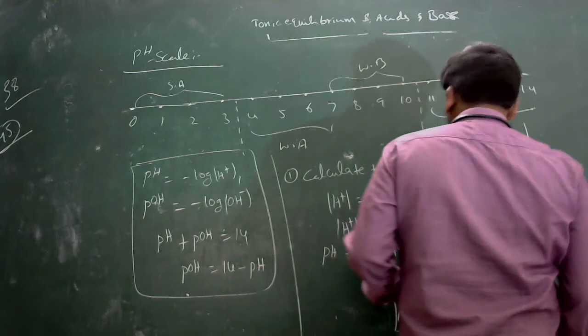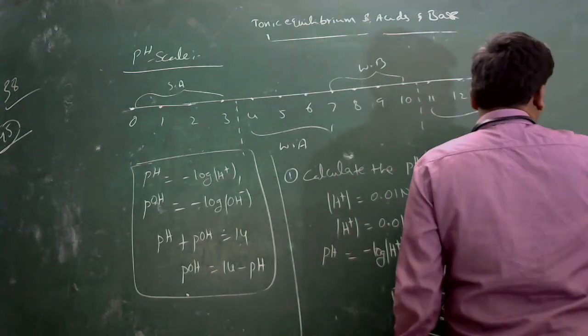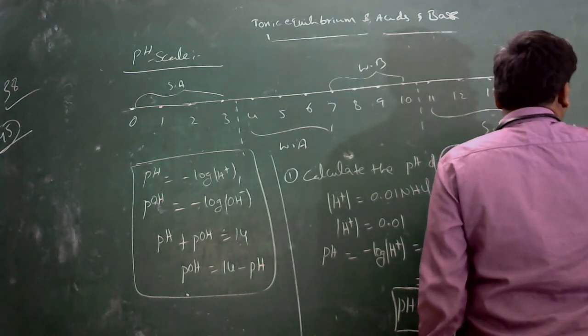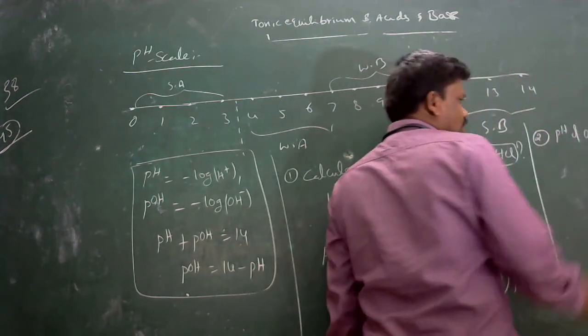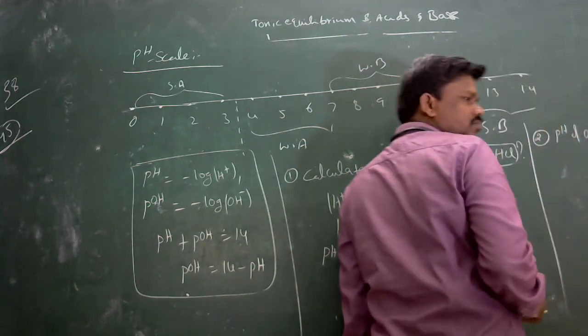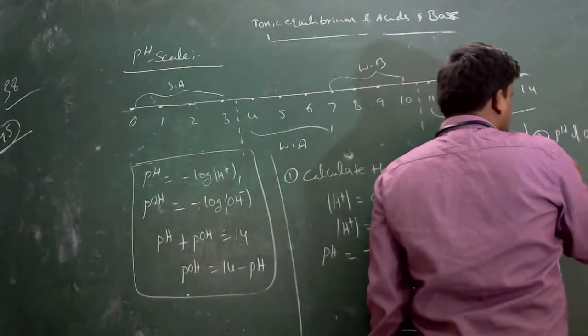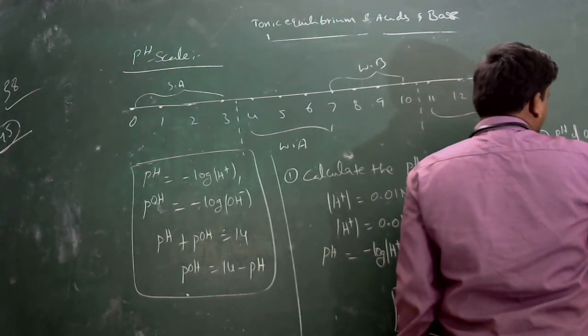Another example: calculate the pH of 0.05 molar Ba(OH)2. Here it is present in molarity, so first of all convert it into normality. Here the OH minus concentration is 0.05 molar.